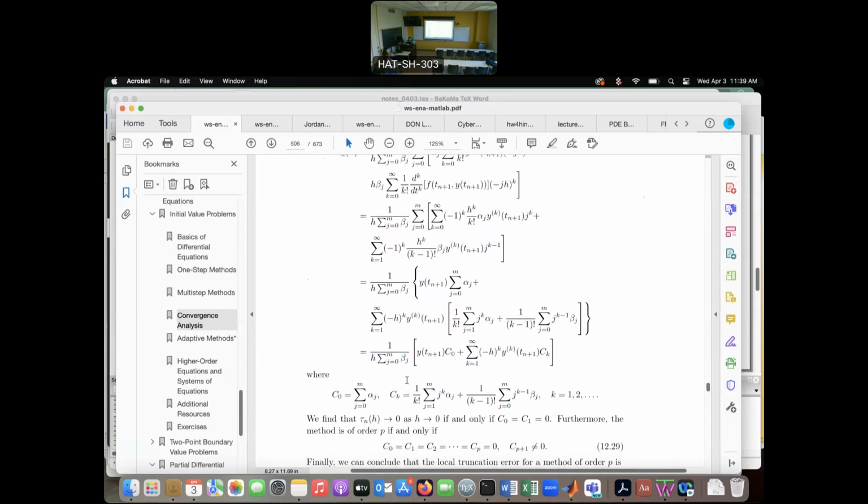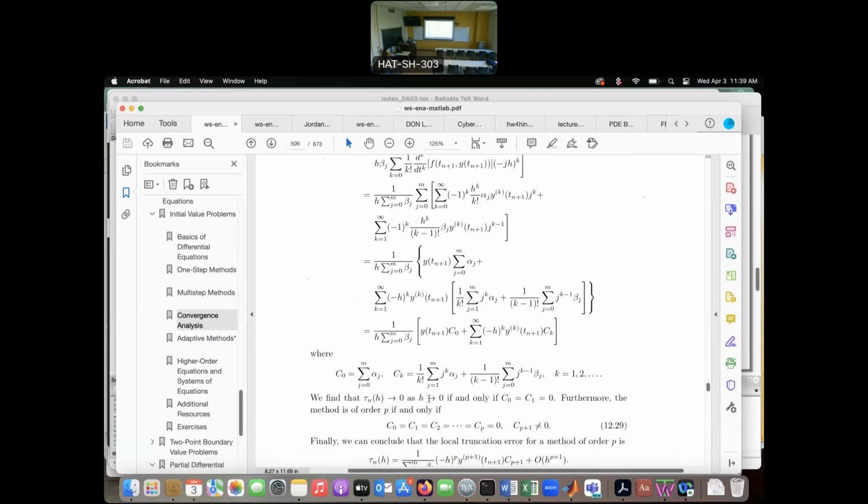So you end up being able to determine the order of accuracy of your multi-step method by determining how many of these capital C constants are equal to 0. Because each one of these C's, like C_k, is multiplied by h to the k.